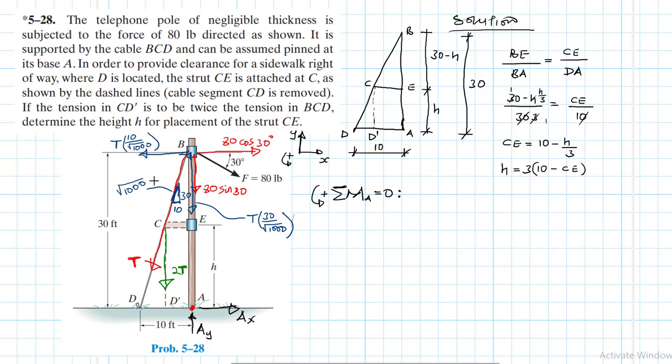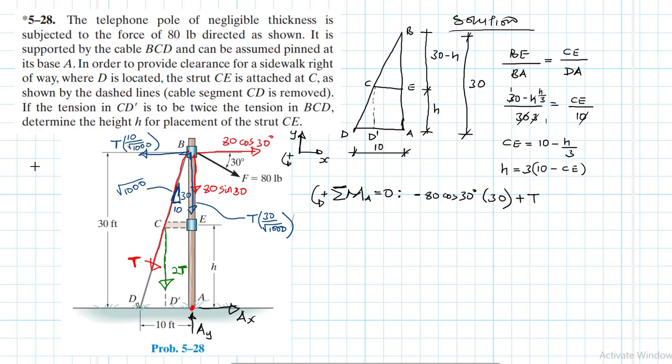Right, so having done that, let's now do the calculation of our moment. So 80 is going to cause clockwise, which is negative, so it will be minus 80 cos 30 times the lever arm about point A, which is 30, then plus T, the tension force in BCD.